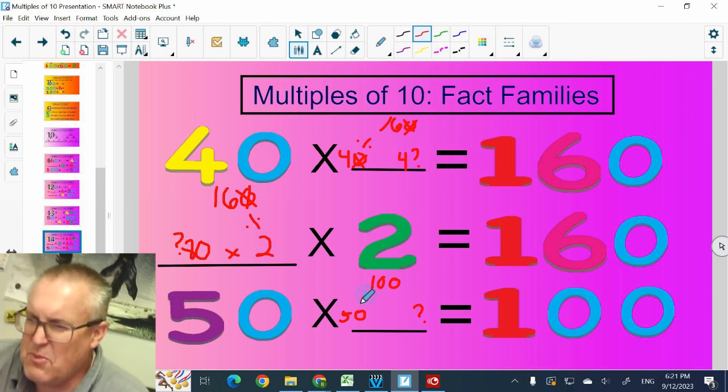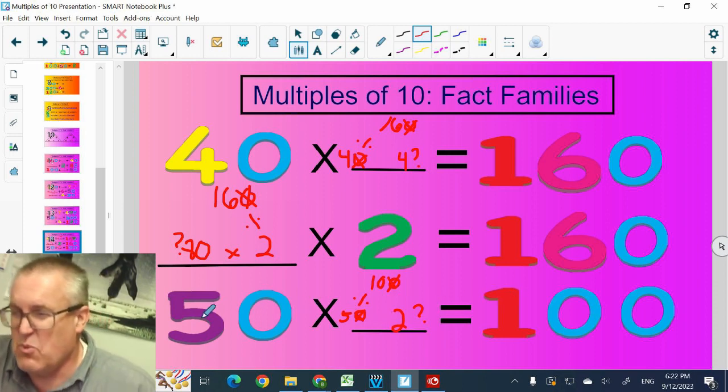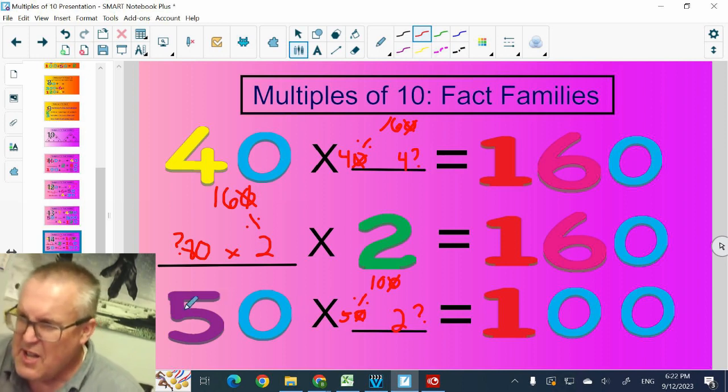Remember, going down this way is a divide sign. Oh, look! We like it when we can cancel out 2 zeros. 0 and 0, gone. So 10 divided by 5 is 2. And you can check yourself. 2 times 50 is 100. Or 2 50s is 100, right? Or 2 50 cents is $1.